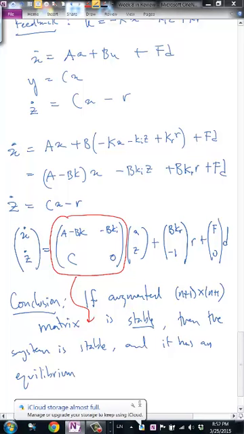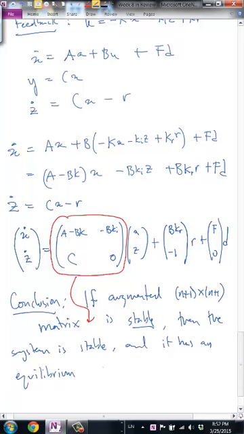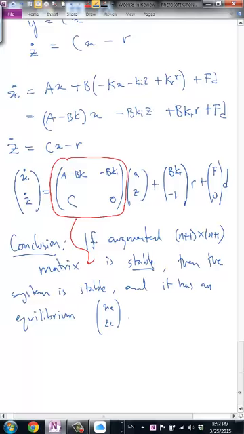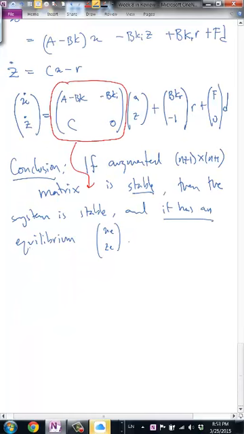This doesn't sound too magical, does it? It has an equilibrium, XE and ZE. But let's think about that very statement itself. It has an equilibrium. What that means is that x dot is equal to 0, and more importantly for us, z dot is equal to 0.